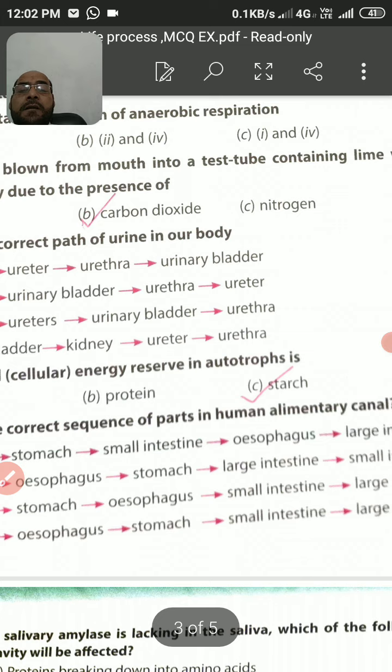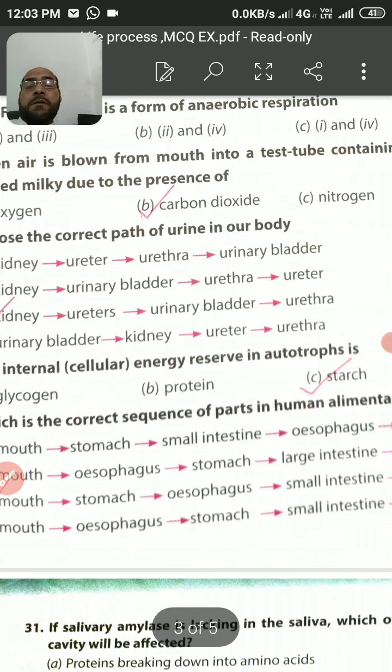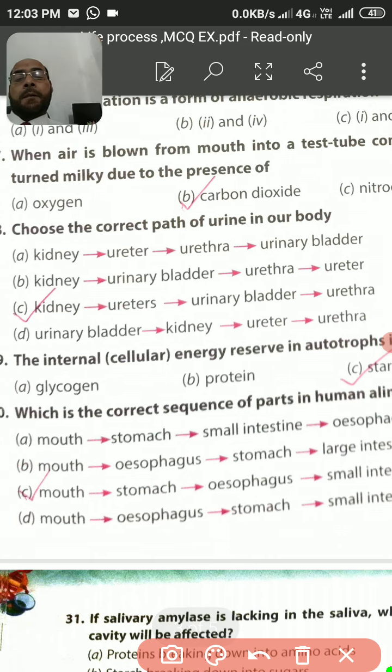So that base water gets converted into the salt, and due to the salt the color is changed to a milk-like color. So that will be the carbon dioxide, CO2, which gets converted into carbonate, and the color of carbonate is something milk-like. So the answer will be carbon dioxide, this one.